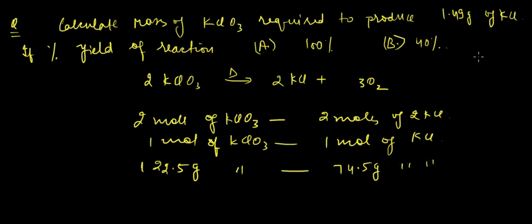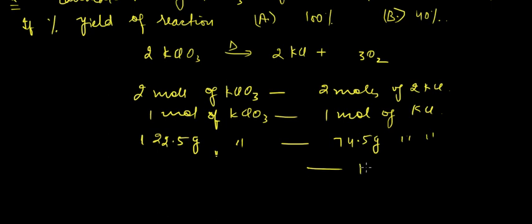Now we have to determine 1.49 grams. Okay, so for getting 1.49 grams of KCl we would need 122.5 divided by 74.5 into 1.49.